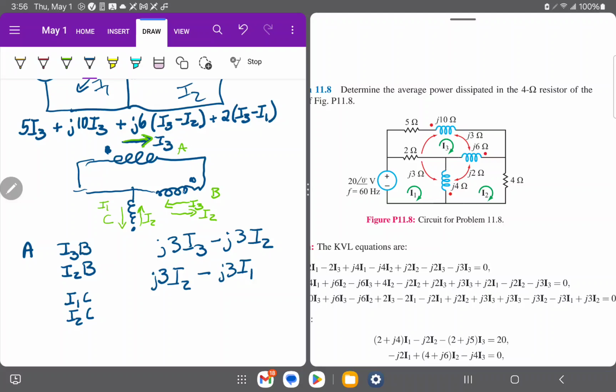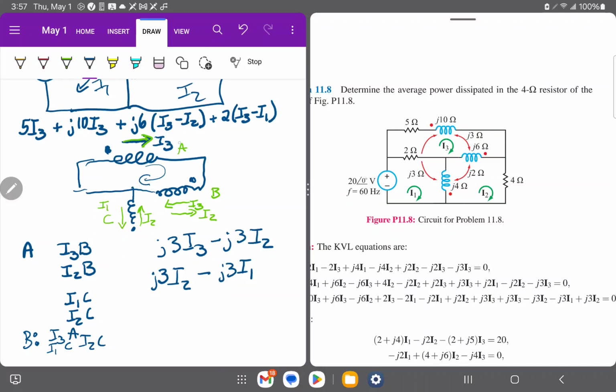Now I have to do the same thing for inductor B. I have to see how all the other currents affect inductor B. So for inductor B, I'll have I3 through A, I1 through C, and I2 through C. So I3 through A. When I'm looking at inductor B, like my KVL, I'm going around in this direction, so I'm going into the positive side, into the dotted side.